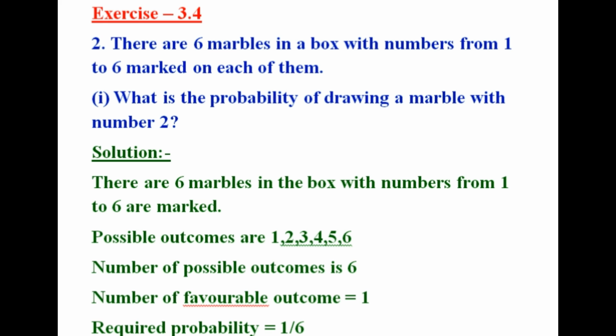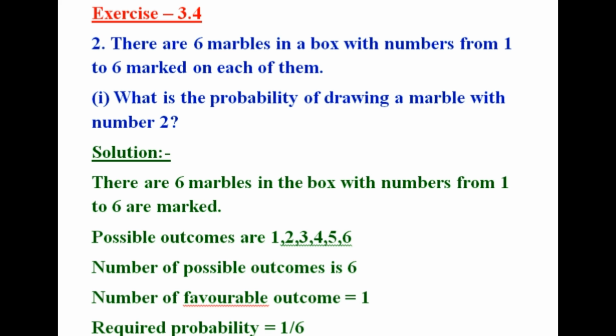Now we will see some exercise problems. Exercise 3.4, second problem. There are 6 marbles in a box with numbers from 1 to 6 marked on each of them. First one: what is the probability of drawing a marble with number 2? There are 6 marbles in the box with numbers 1 to 6 marked. So the possible outcomes are 1, 2, 3, 4, 5, 6.